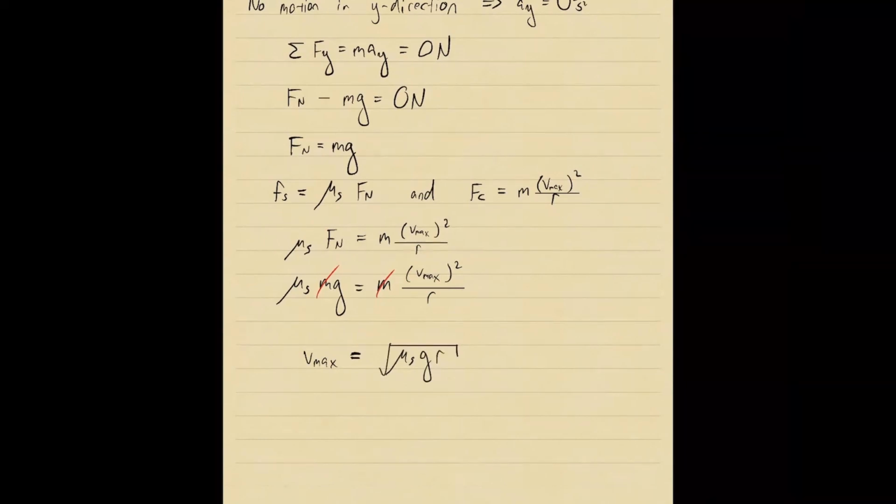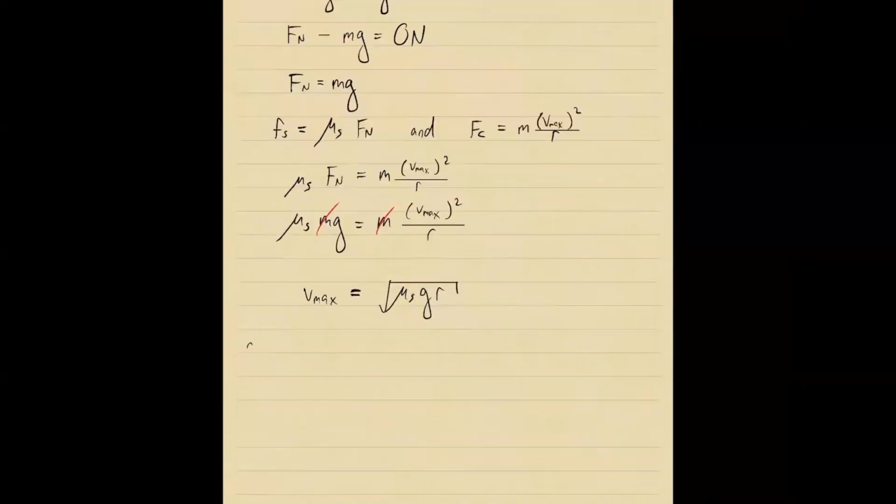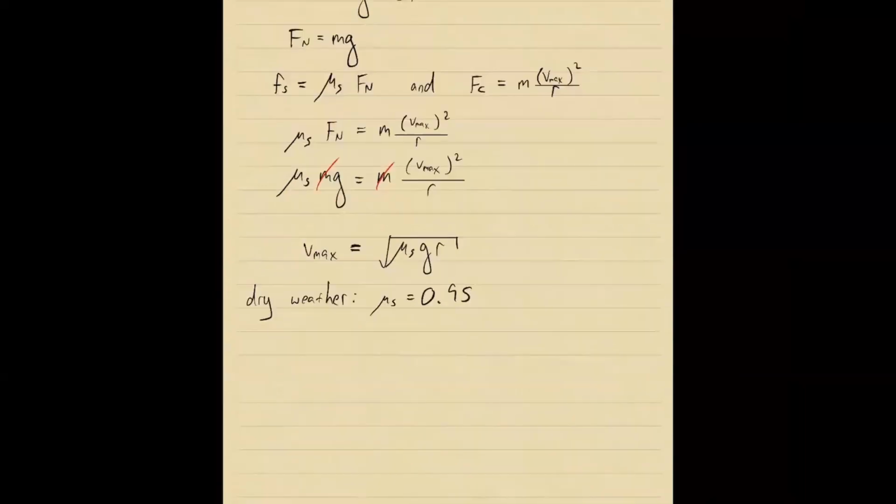Right? And so now we have two different conditions. So we have, for dry weather, right, we're using a coefficient of static friction of 0.95. And in this case, the fastest we can go around this circular track is equal to the square root of μs, which is 0.95, times g, which is 9.8 meters per second squared.